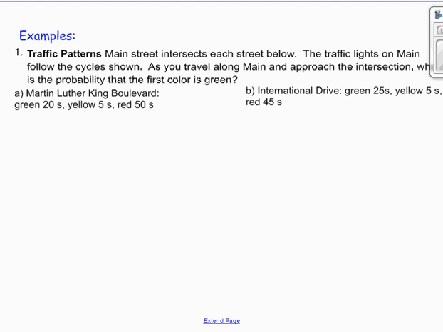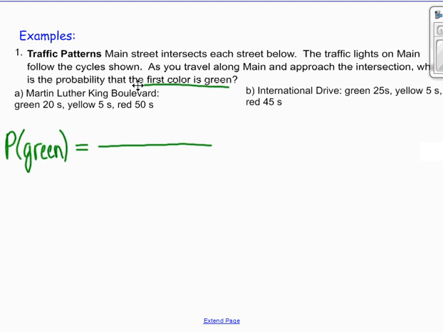So we want the probability of the first color being green. So the way you denote that is the probability of it being green equals, and on the numerator, you're going to write the time that the light is green over the light it's every other color.